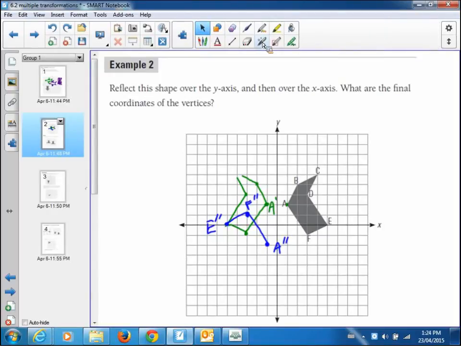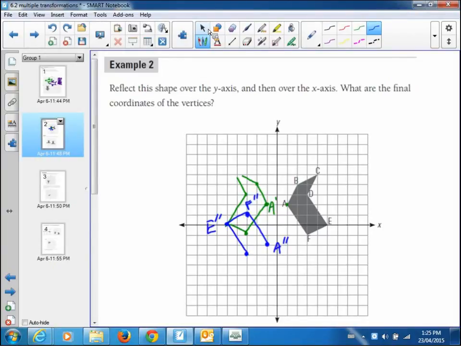Then, okay, I'll go up to the D. It's here. That's up 3. I'm going to go down 3. 1, 2, 3. So then that.